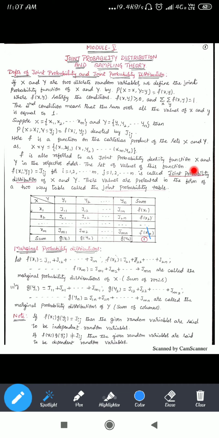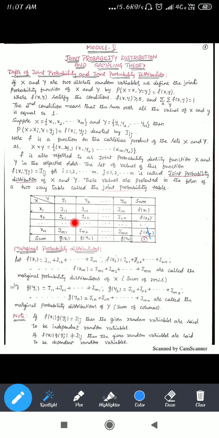The set of values is in a table, that is y values, x values, then the sum values, then the probability function values. So all these values, one is x, another is y, sum of x, sum of y, then j11, j12.